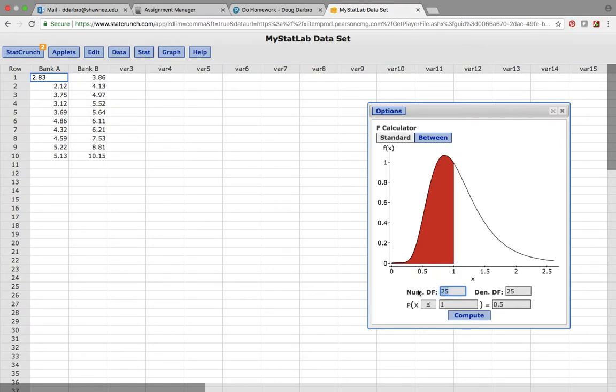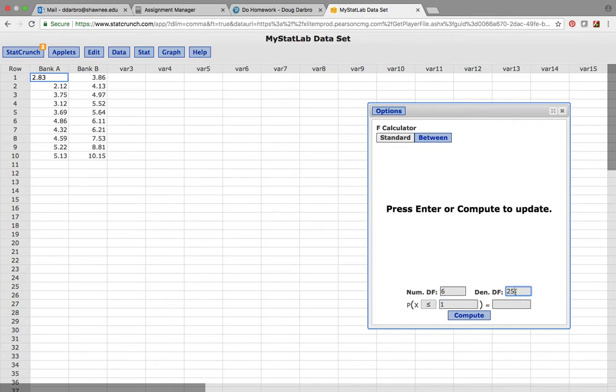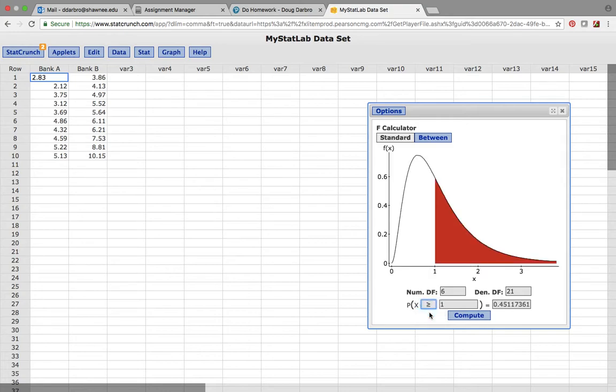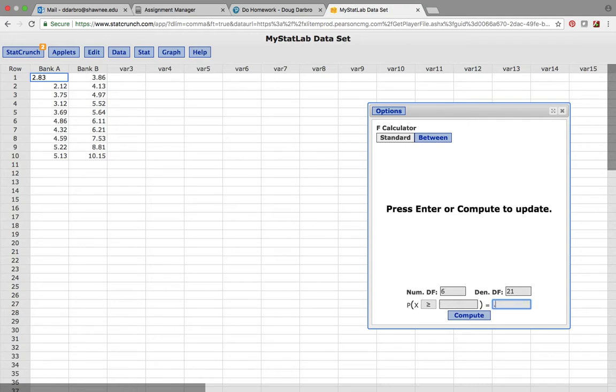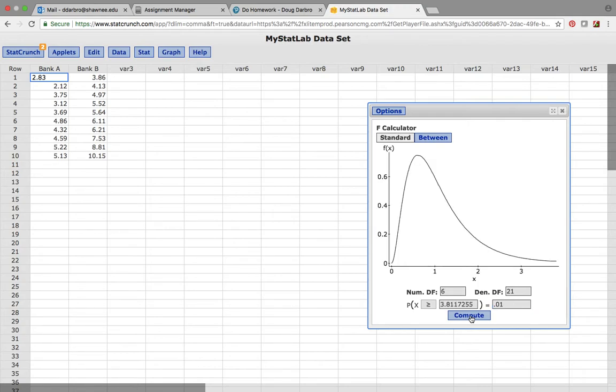So our degrees of freedom again are 6 and 21. And it's always an upper tail probability with the F distribution. So we want this upper tail here to be 0.01. There's no two-tail stuff with the F distribution. It's always greater than.